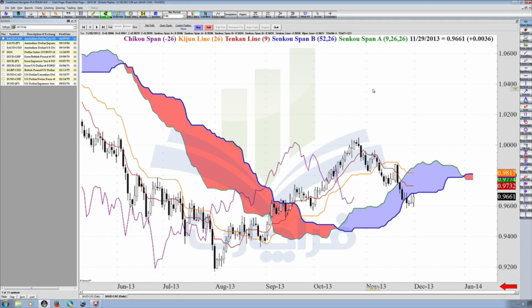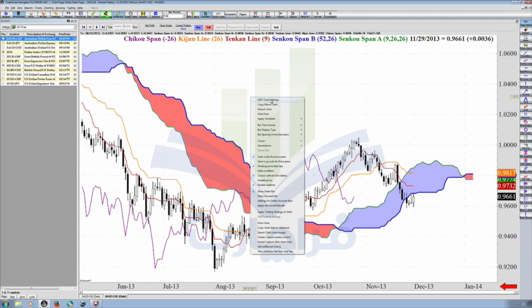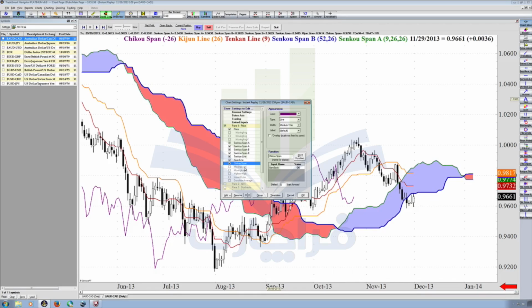For tonight, all I'm trying to do, again, is get you the skill set of interpreting the data, and I'm showing you a trick of how you do this. If you don't do something like this, you may spend years trying to figure out the system. So this is the way that we do it. What I'm going to do on this chart is I'm going to get rid of everything that is not the cloud.